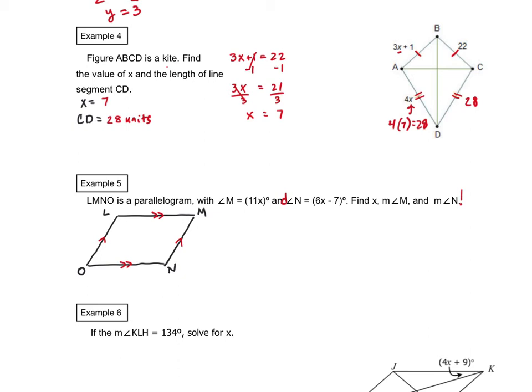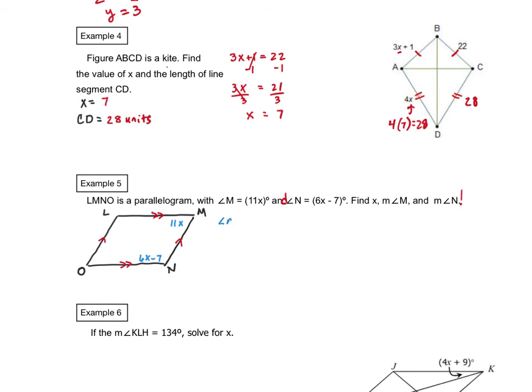And then they said that this angle measurement, angle M, is 11x. And they told me that angle N is 6x minus 7. Well, if you remember, these are going to be parallel lines cut by a transversal, so this angle plus this angle is going to be equal to 180 degrees.